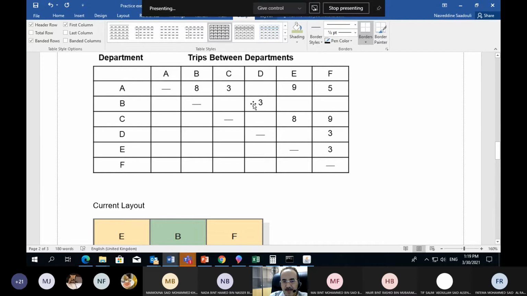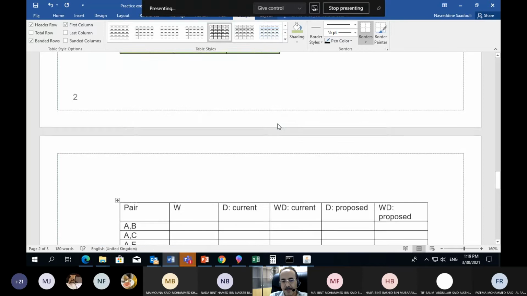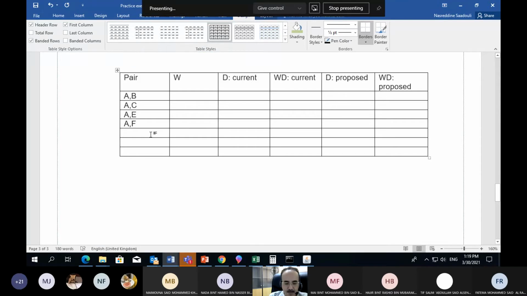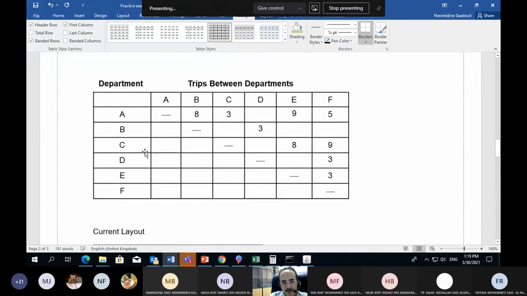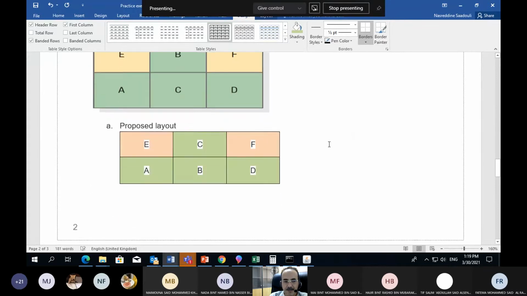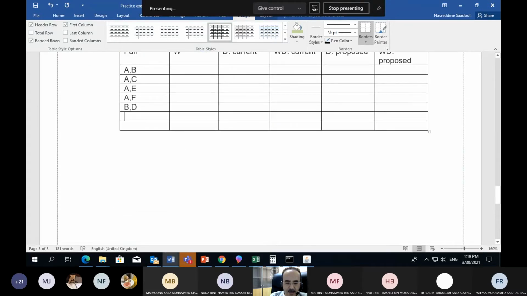For B, the only one that's relevant is department D. For C, E, and F, it's irrelevant. It's only one pair, which is B, D. Then for C, D is irrelevant. There's nothing. Then it's E and F. So we're going to pair C with E and C with F. Okay, we're going to need some more rows.